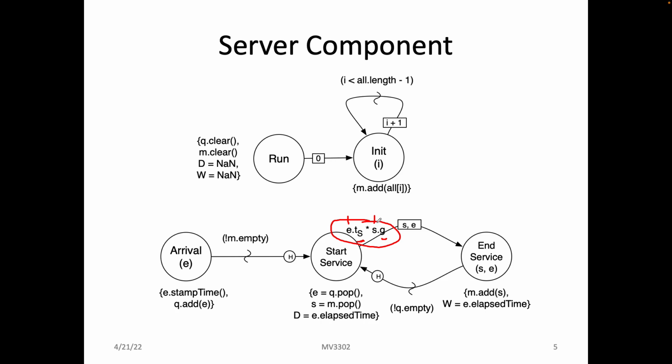So the total time that it's going to take to process this customer with this server is going to be the product of the customer service time and the server's efficiency. So if the same customer gets a zippy server, then they'll get out sooner. If they get a slow server, it'll take them a little longer.